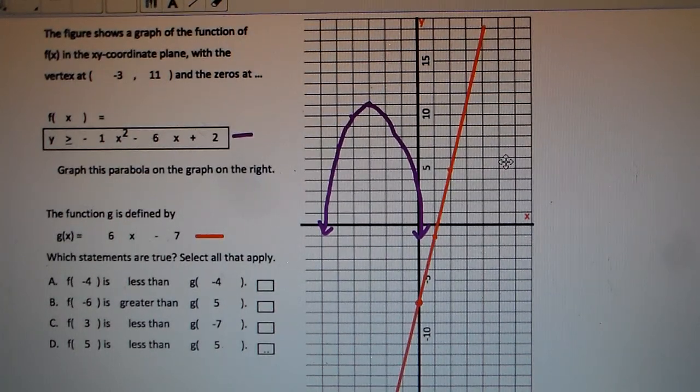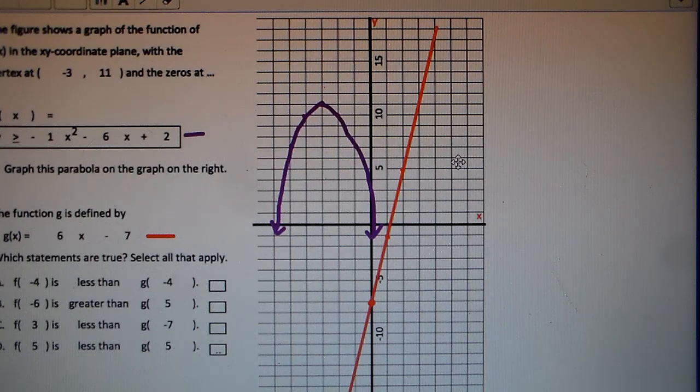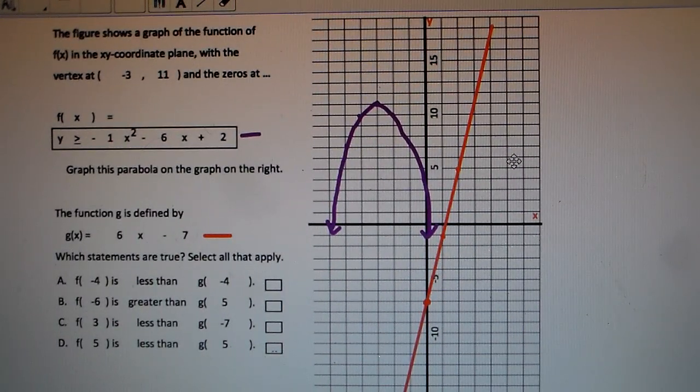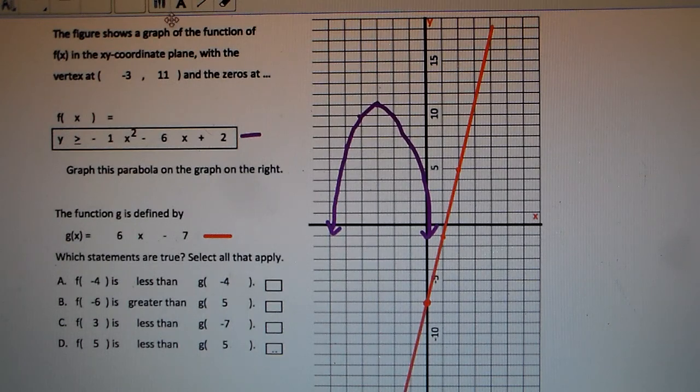Now we've got to compare some points. And I'm going to compare via the blue dots here. So f of negative 4, well, f refers to the purple line because that's our f of x function. So our function at negative 4, 1, 2, 3, 4.